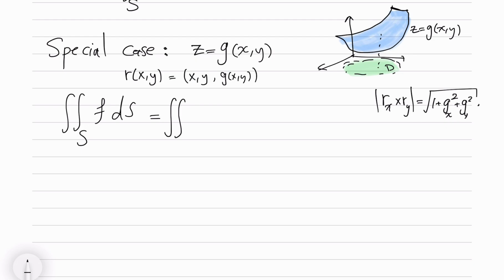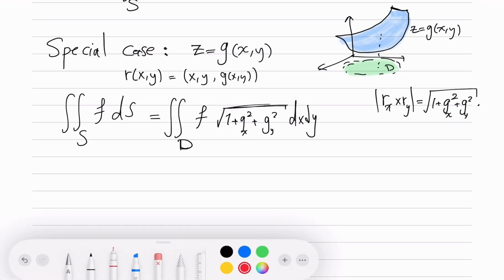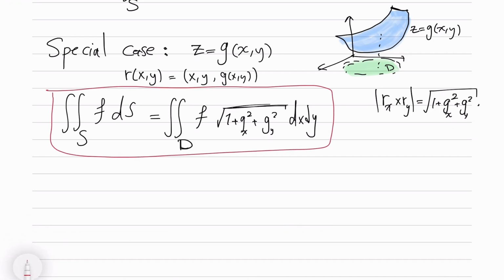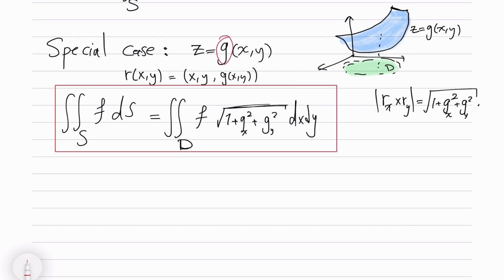So this will be the integral over the parameterization domain of f values multiplied by this surface element. That will be the square root of 1 plus g_x squared plus g_y squared dx dy. So in this special case, when the surface is given by the graph of a function g, this is how you integrate it.